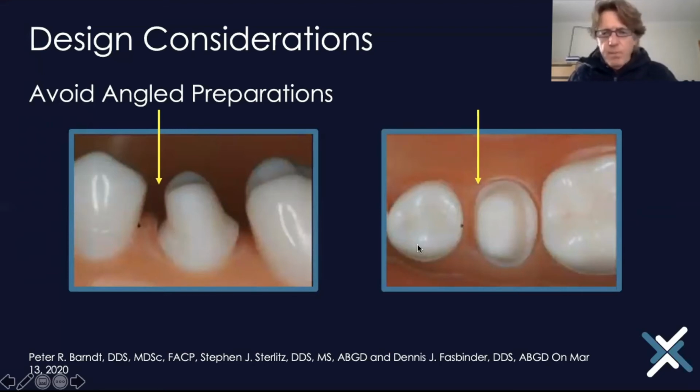So when you do your preps, you need to try and prep upright as much as possible so that the camera, the intraoral scanner, can always see the margin at the bottom. Otherwise, you need to change your route of placement. In most of the softwares, you have the opportunity to adjust your angulation in terms of placing your crown, but there are areas where if your crown is too angulated, you will not be able to seat the crown again.